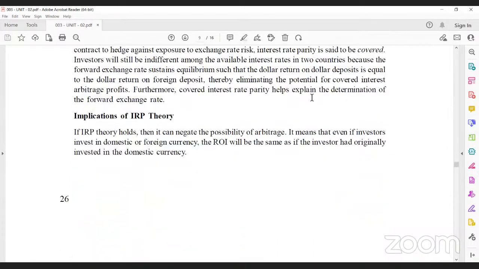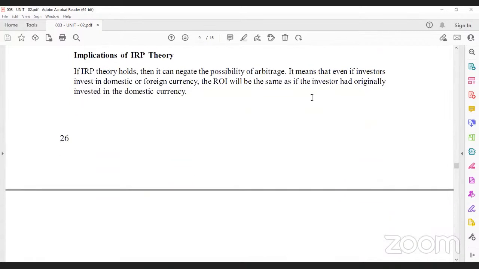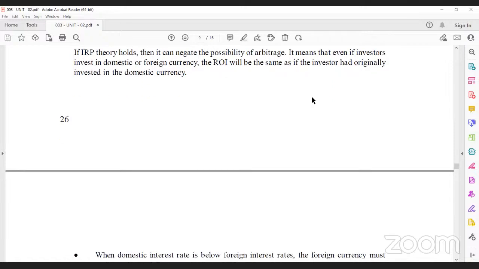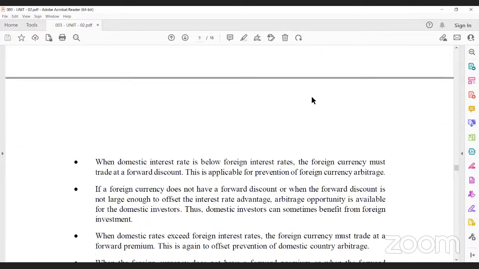So, implications of IRP theory. This theory holds good, which means that even if investors invest in domestic or foreign currency, the return on investment will be the same.